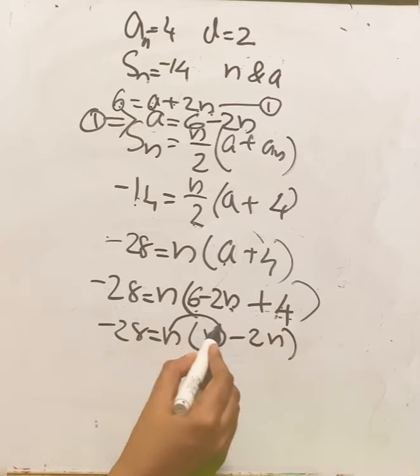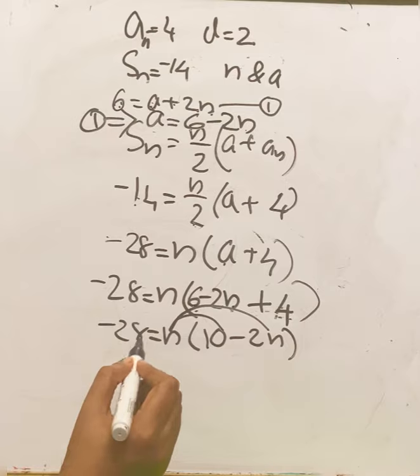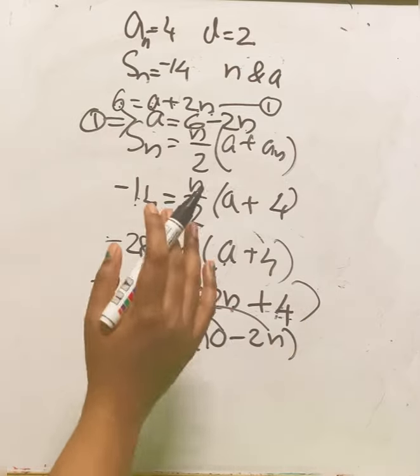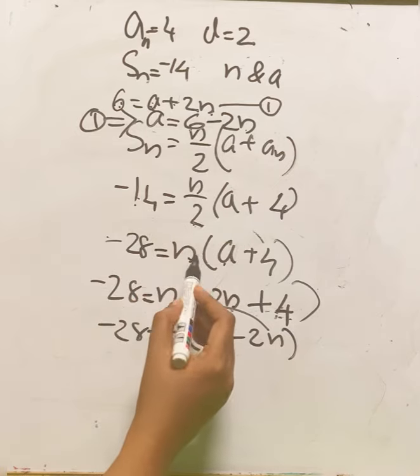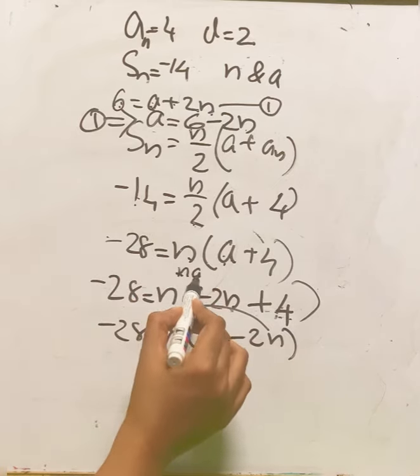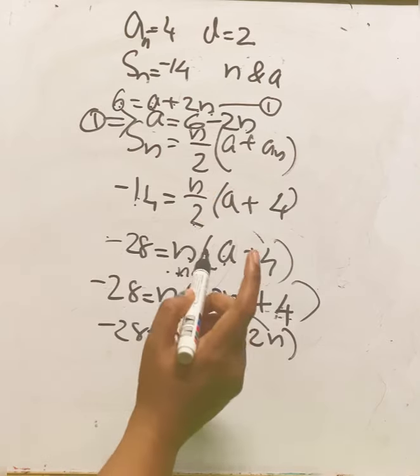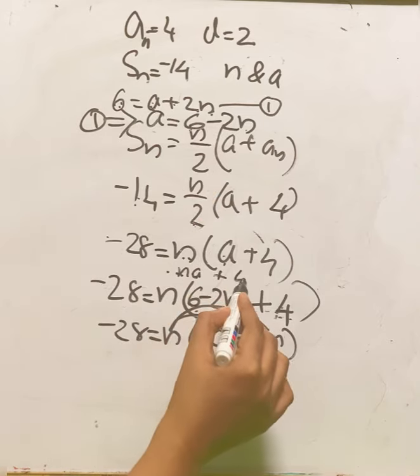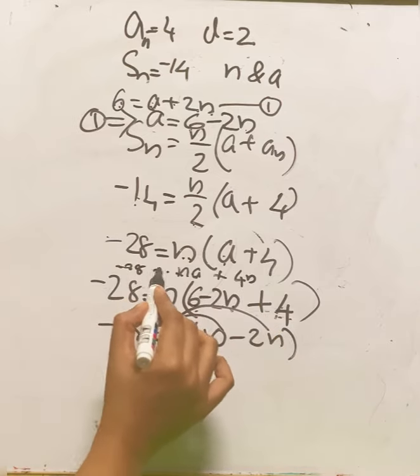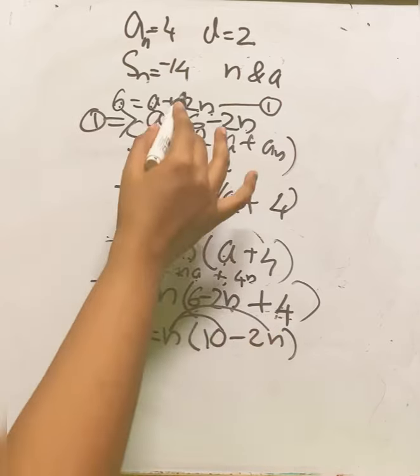Now you can distribute this n. Why we did this? Because here we have two variables. Here it becomes n into a is na. That means two variables are in one single term. And this becomes n into 4, 4n. If the equation is like that, you can't solve it by using the first equation.